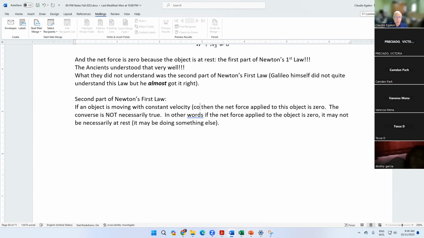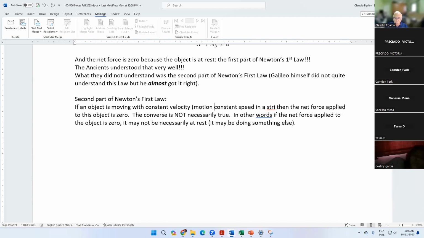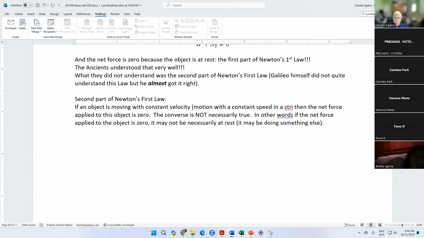Constant velocity means motion with constant speed in a straight line. Then the net force applied to this object is 0. Okay?